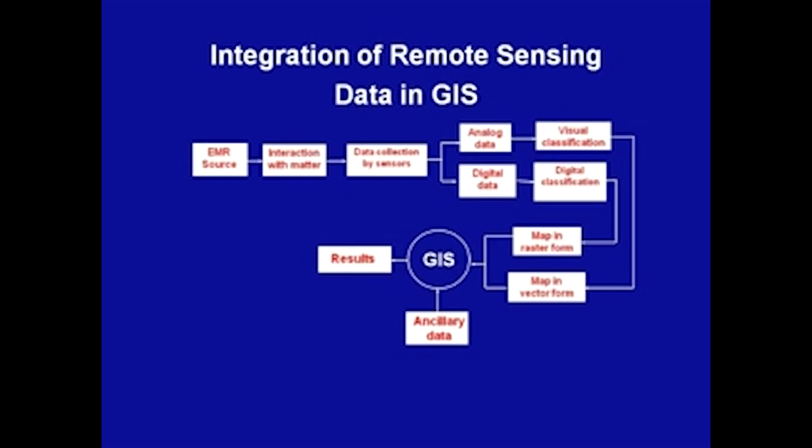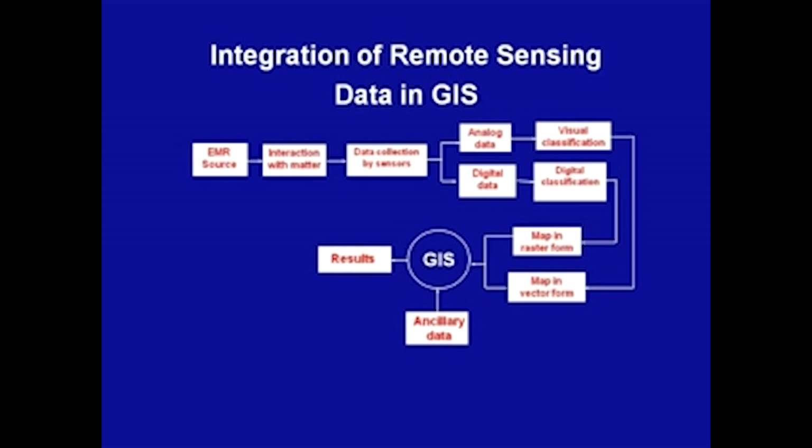In the process of remote sensing, we require an electromagnetic source. This source provides energy which interacts with the matter. After interaction with the matter, the energy gets reflected and it is collected by sensors. The data collection can be in two forms. It can either be analog or it can be digital.